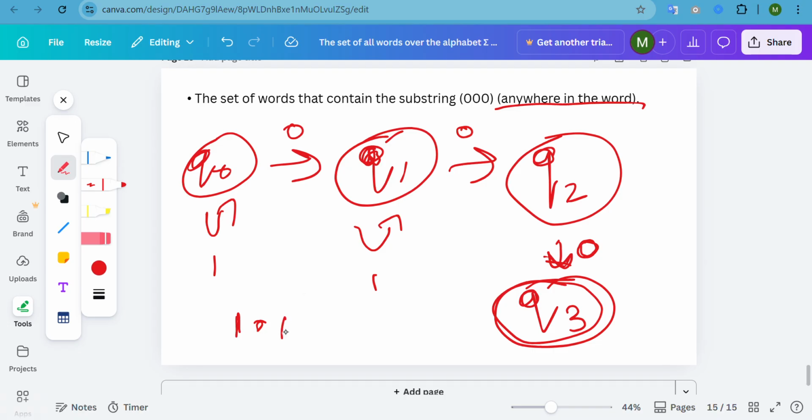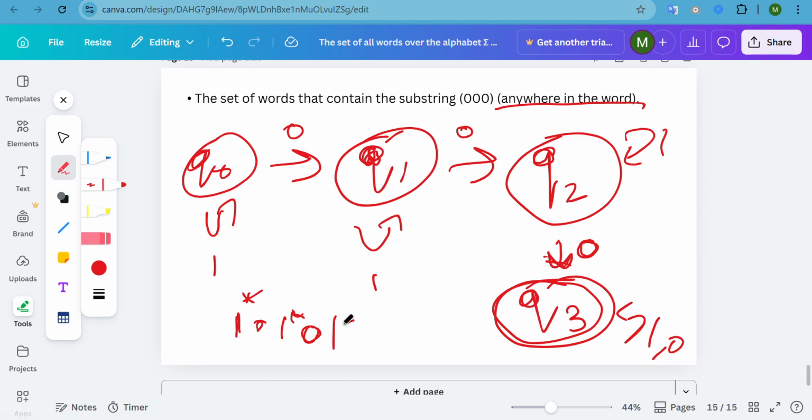So it can read 1 as many times as it wants, and then 0, and then 1 as many times, and then a 0, and then as many 1s or 0s as you want. There's also this possibility. There are infinite possibilities of ones, then zeros, then ones, then zeros.